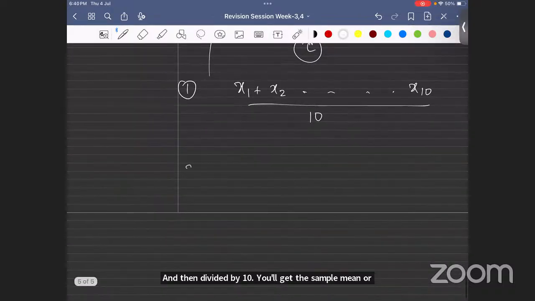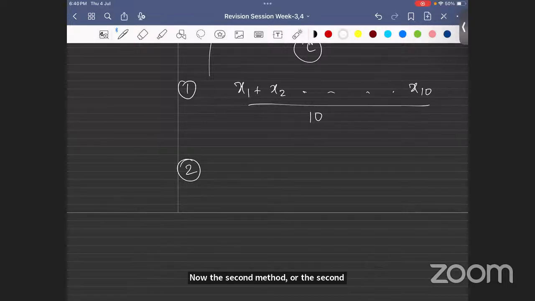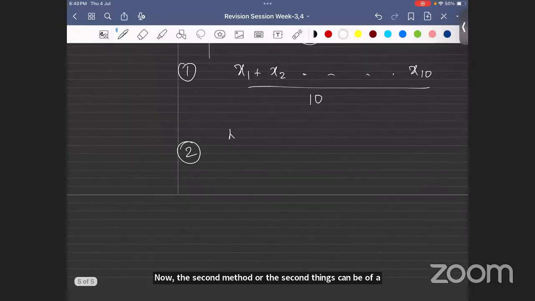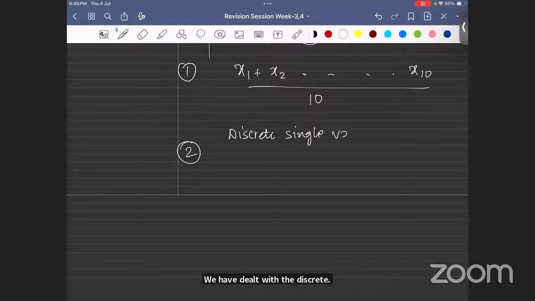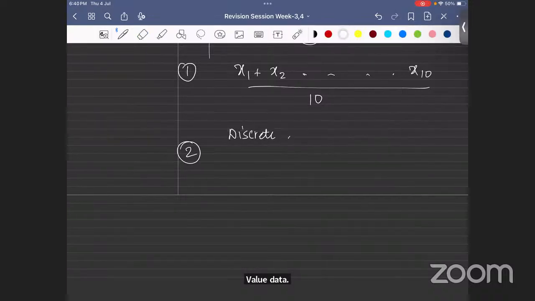Now the second case can be grouped data. So we have dealt with single value data, or you can say the discrete data point.